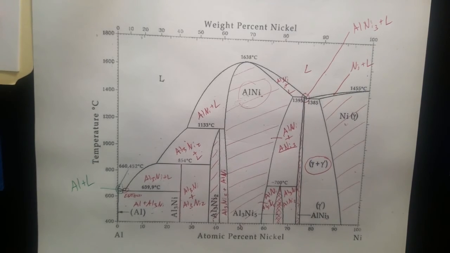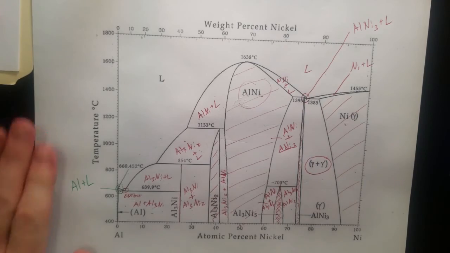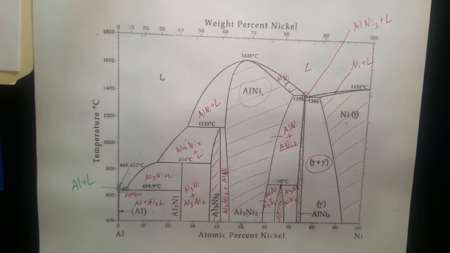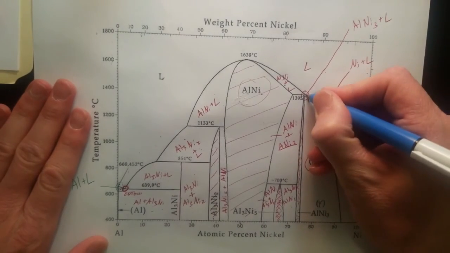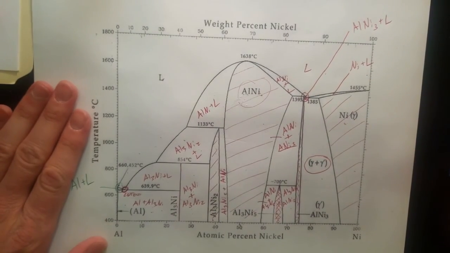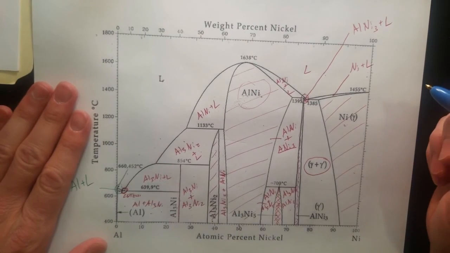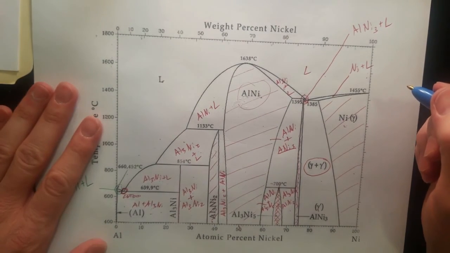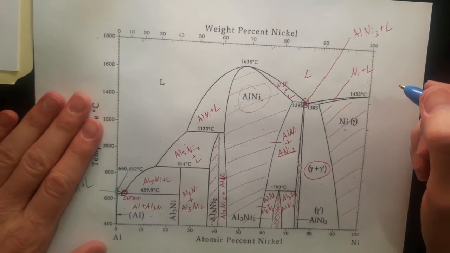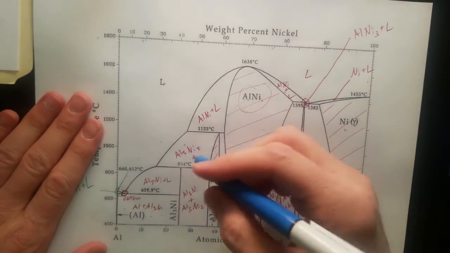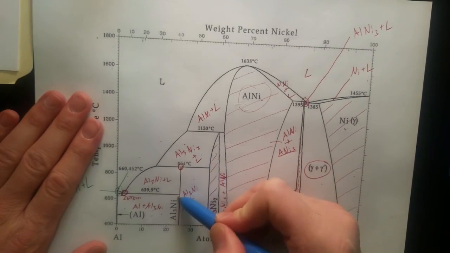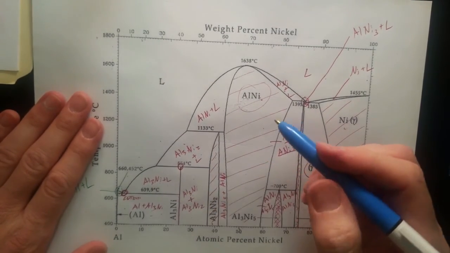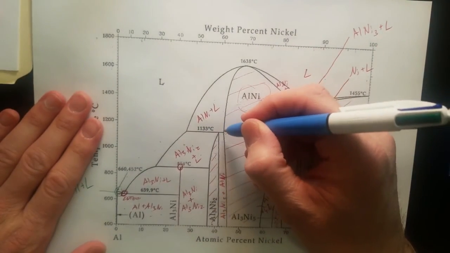phase regions are touching except at the special points. And let's look at those. We've got a eutectic here. We've got a eutectic here. We have a paratectic here, because we have solid, liquid going to a solid.